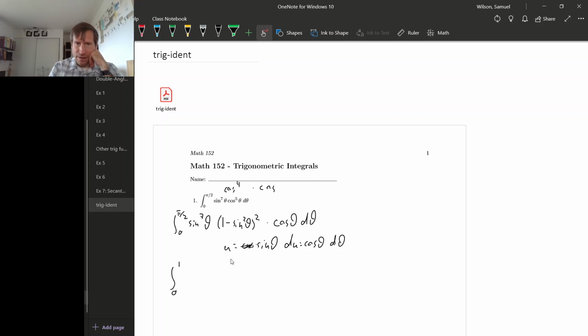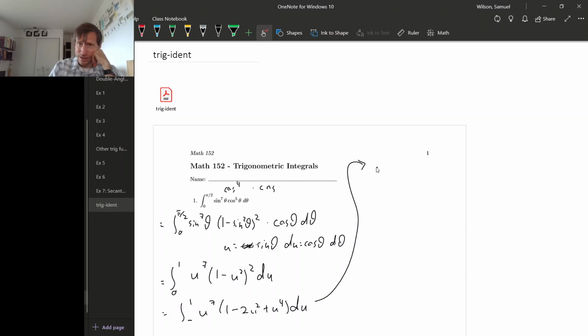All right. Now we do our u substitution, so sine is u, so u to the 7th times 1 minus u squared squared, and then cosine theta d theta, that's all du. Now we're going to need to multiply this out, so integral from 0 to 1, u to the 7th times 1 minus 2u squared plus u to the 4th, du.